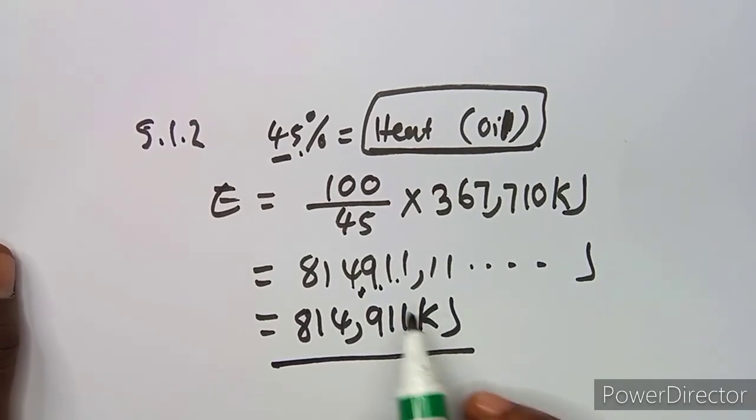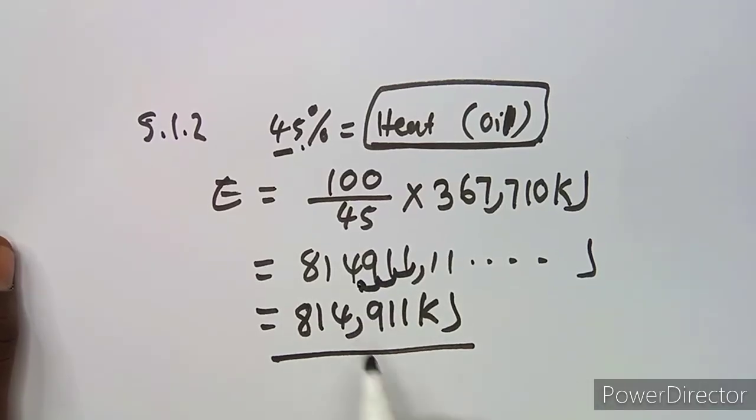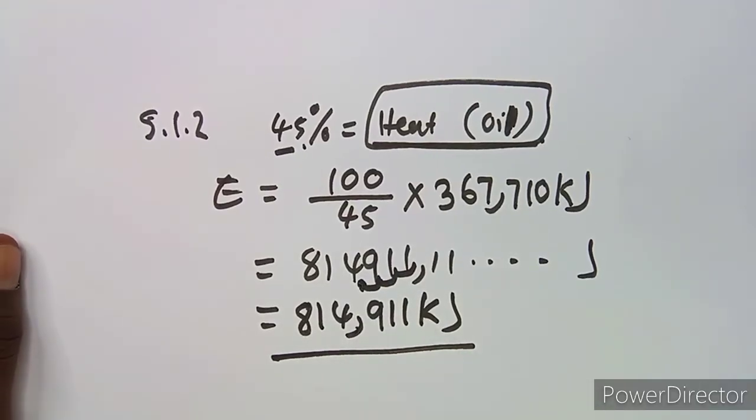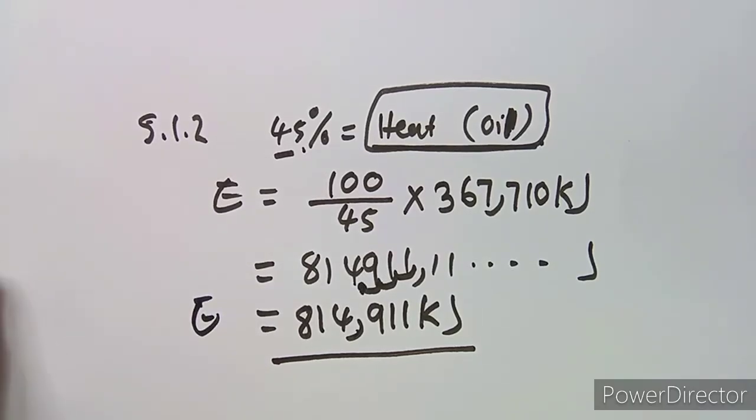So remember to write in kilo, just move 3 commas, 1 2 3 like this at this point. So it's 814,911 kilojoules, which is the energy given off by fuel that is at 100%. So take note, guys, it was an involvement of the percentage there.